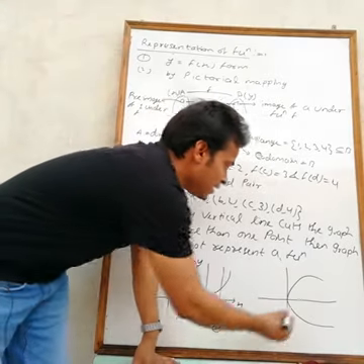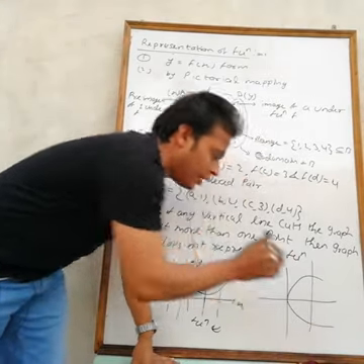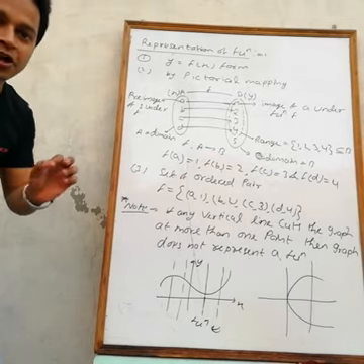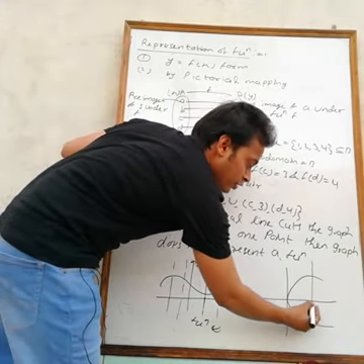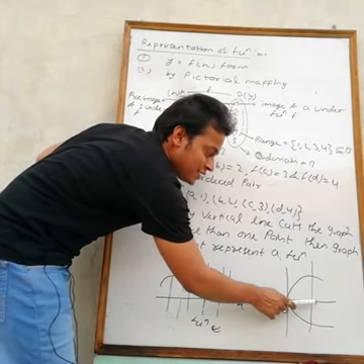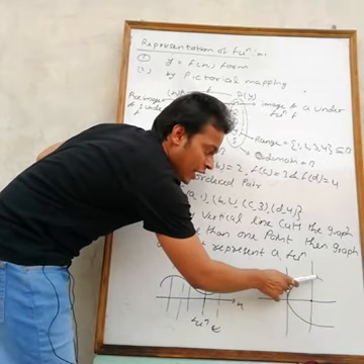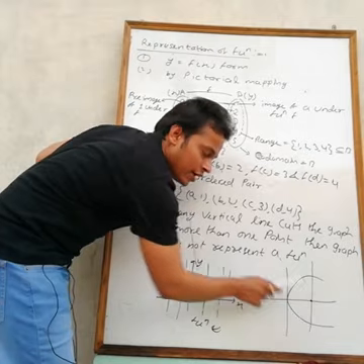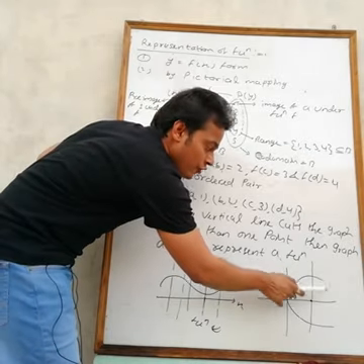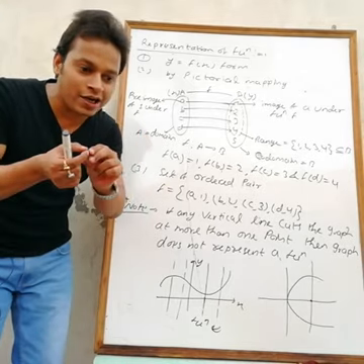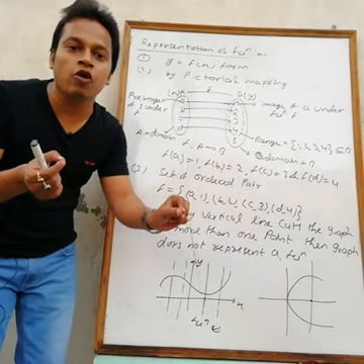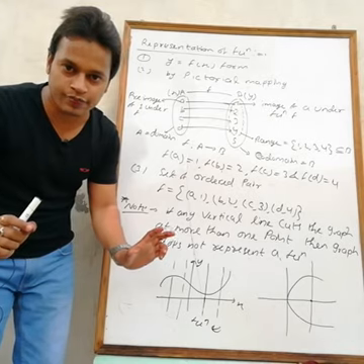But in this case, I can draw a line which intersects the graph at more than one point. If it intersects the graph at more than one point, then for this value of x, I have two values of y. If you have two values of y, it means one x is connected with two y. That is not possible in a function.